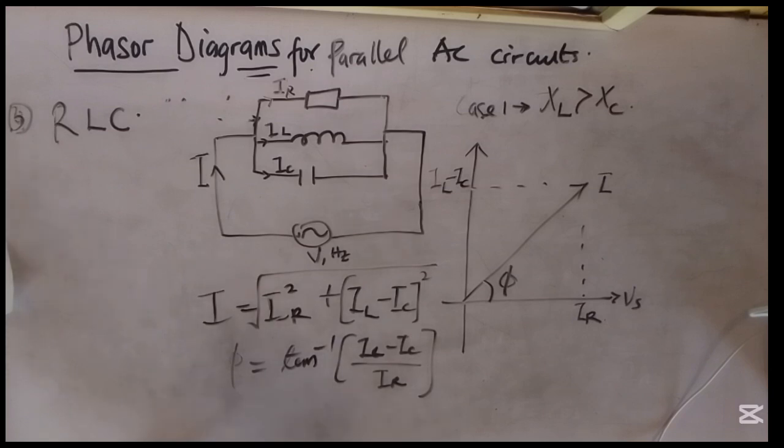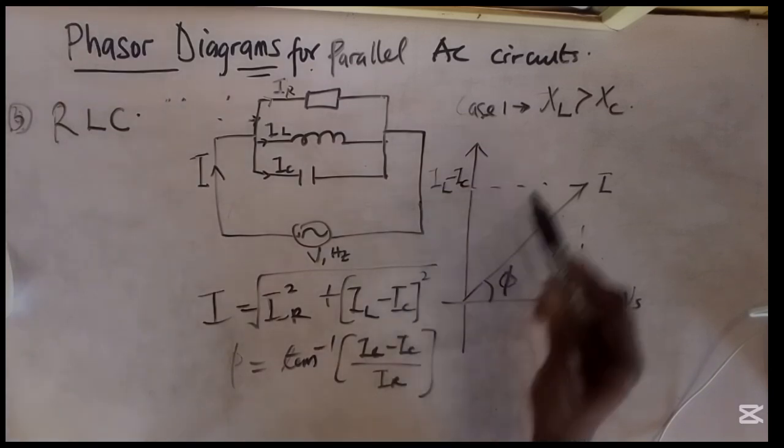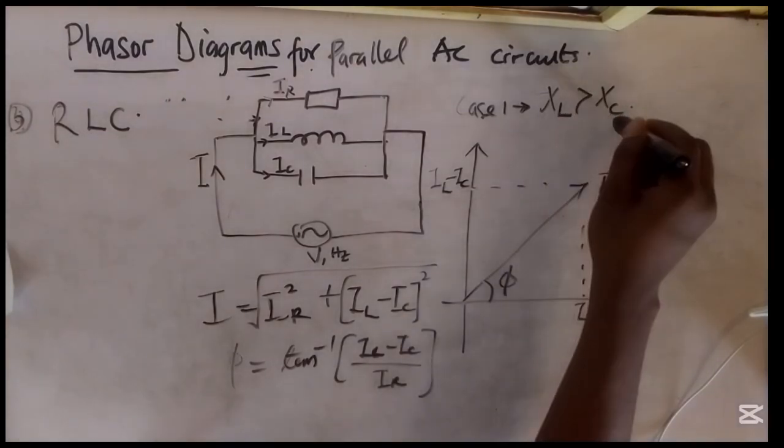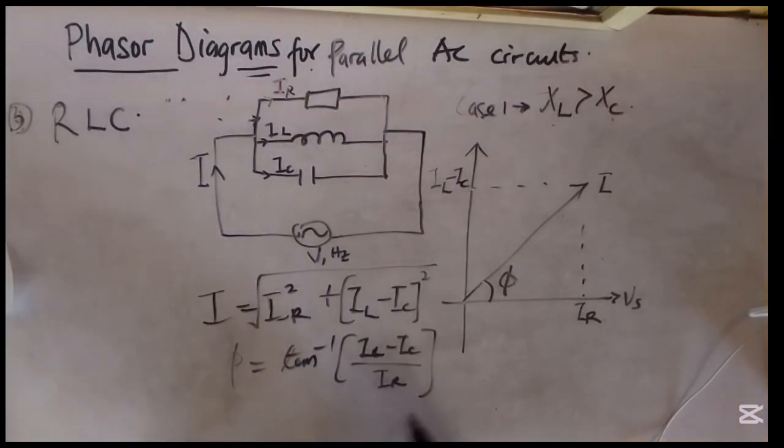So if by peradventure it is our XC that is greater than XL, in that case the graph will take the other turn, with our value being IC minus IL, and the graph comes this way.